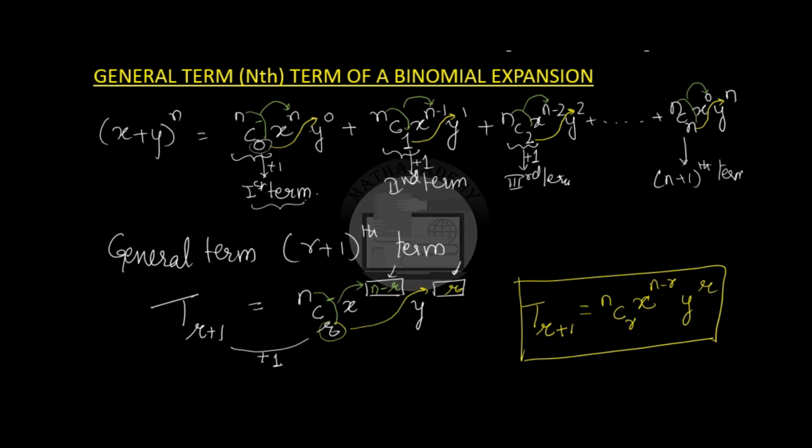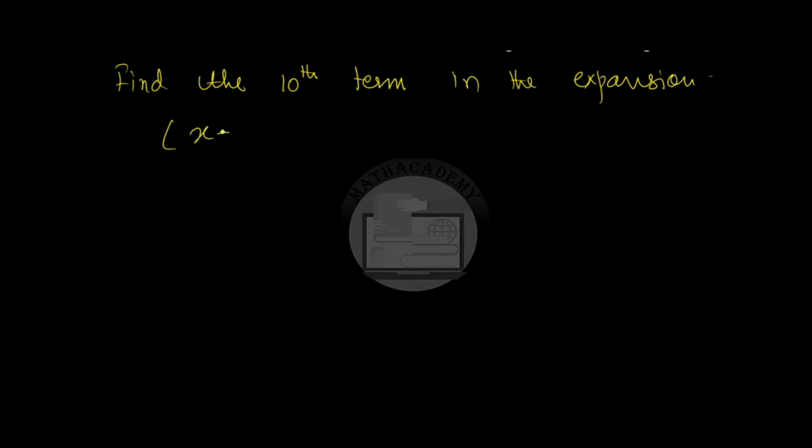Now, if the question is, find the 10th term in the expansion of (x + 2) to the power of, say, 20. So let us write down n is 20. We want the 10th term, so we want T10.